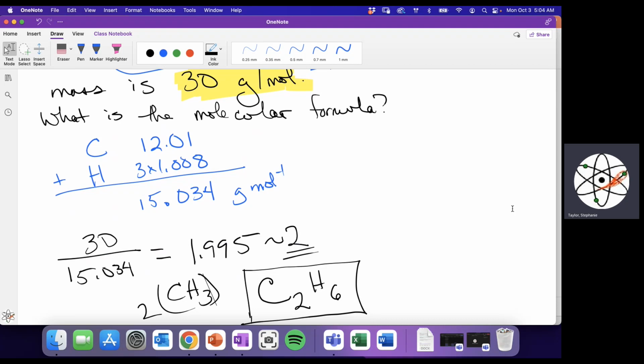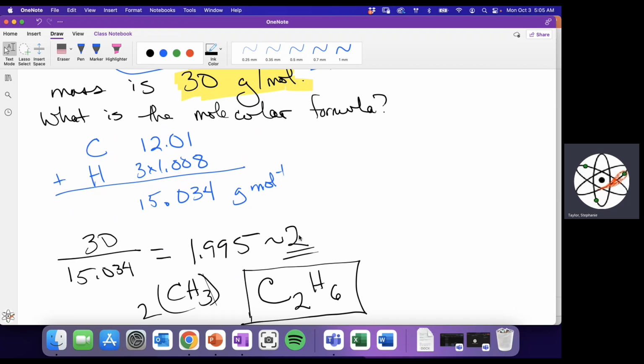Because if these 2 numbers are not the same, then my empirical formula has too few atoms. If they're the same, then the empirical formula is the same as the molecular formula. But otherwise, this is usually done so that the empirical formula is a small version, the molecular formula is the big version, to figure out how much we need to multiply it by in order to get that.